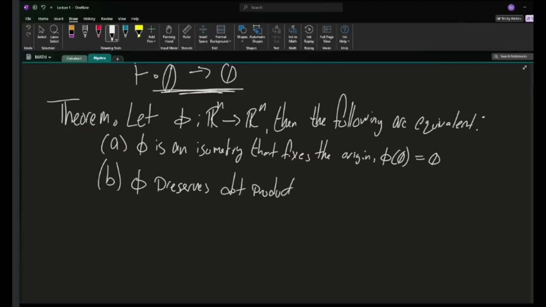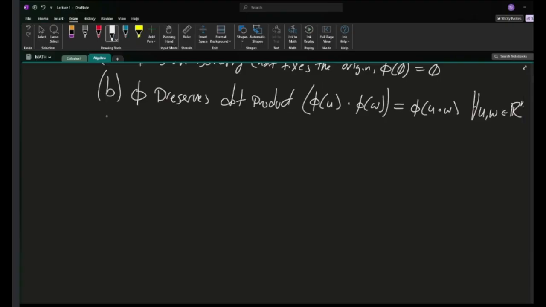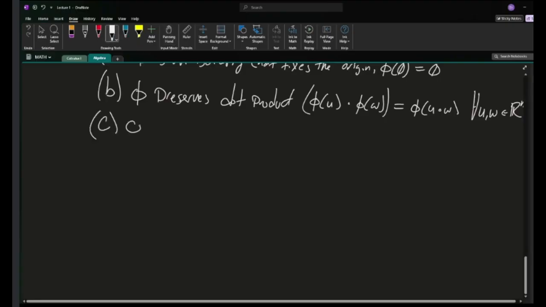And what does that mean? The combination of these two would immediately imply that phi is a linear operator.